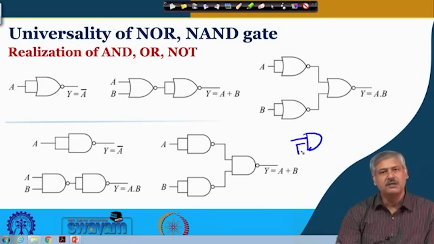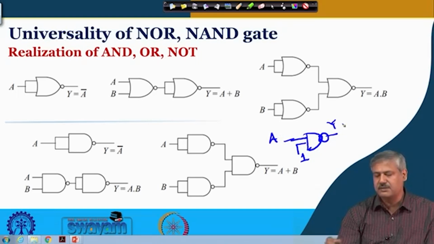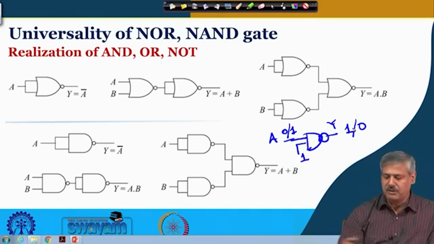The other option is that the non-forcing input for the NAND gate is 1, right. So, if you give this as A, the corresponding output will be, if this is 0, 0 1 output will be 1, right. If it is 1 1 1 output will be 0, right. So, you get the inversion for some such arrangement as well, right.